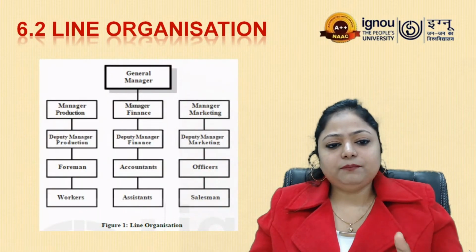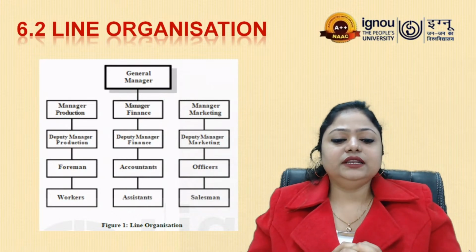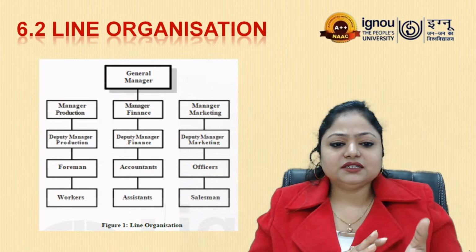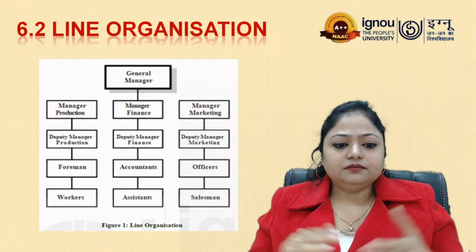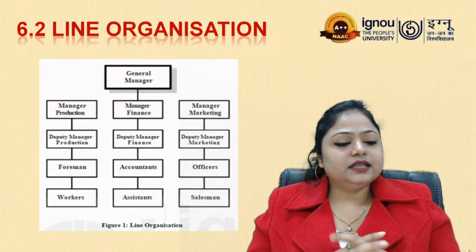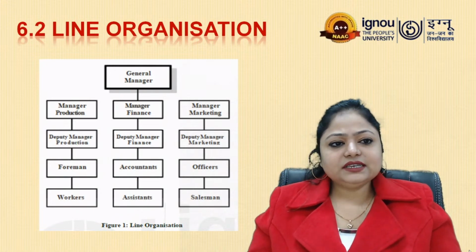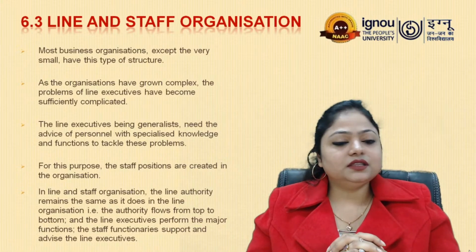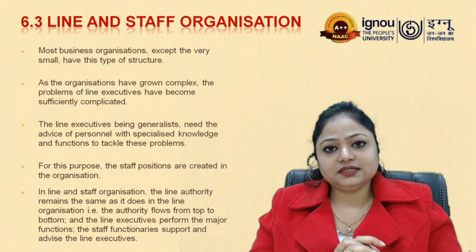So this is a figure or chart of the line organization. We have the general manager, and then the production manager, finance manager, and marketing manager. Another level of managers is there, that is the deputy manager, foreman, and workers. Then we see a different section that deals with another type of organization, which is line and staff organization.